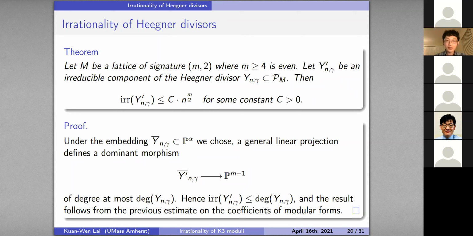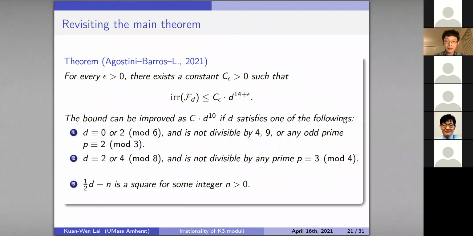So this basically finishes the first case, about how we estimate the growth of the degree of irrationality of moduli of K3. Okay, so let's return to our main theorem. I basically finished the discussion about this case.